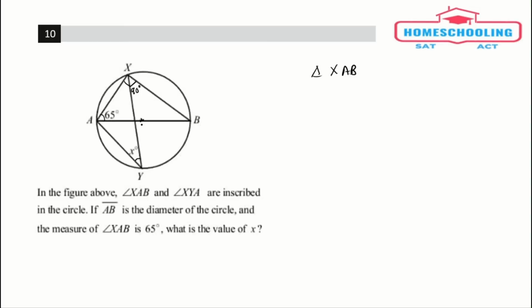So in triangle XAB, we already know angle X is 90 degree, angle A is 65 degree. So what is going to be angle B? So angle B, as we know, the sum of all the angles in a triangle is 180 degree. So angle B plus angle A plus angle X, the sum is 180 degree.